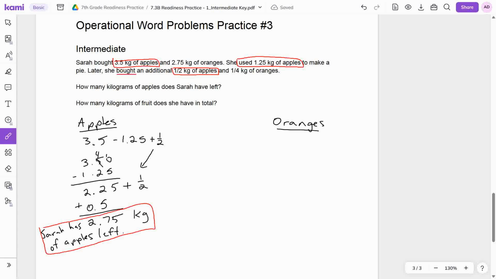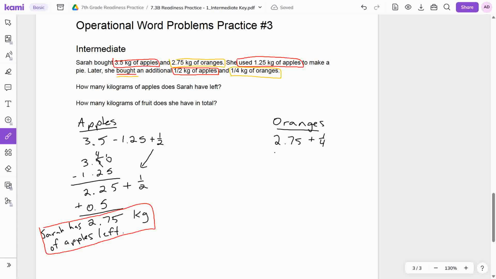So my oranges are right here. She didn't use any oranges to make a pie, so it's just those oranges. And then she bought some additional oranges. So it's really just those two because we didn't use any to make, there's no such thing as an orange pie. So 2.75 plus 1/4.